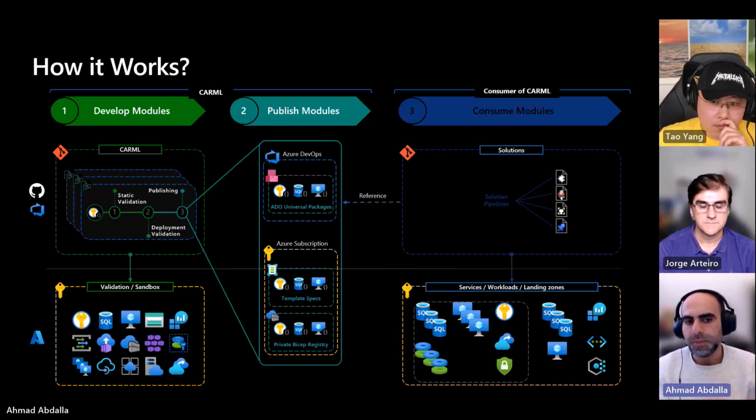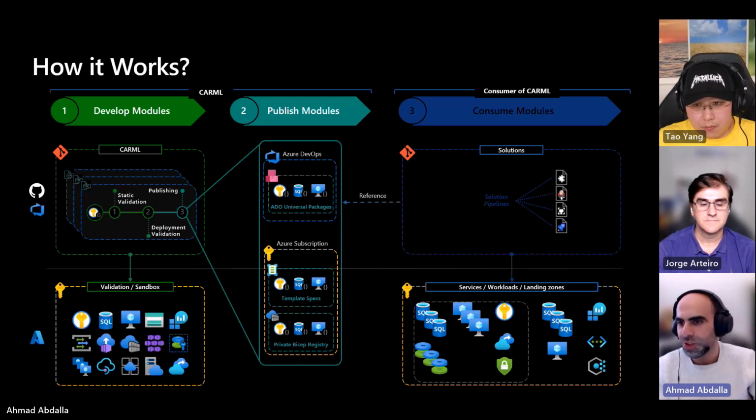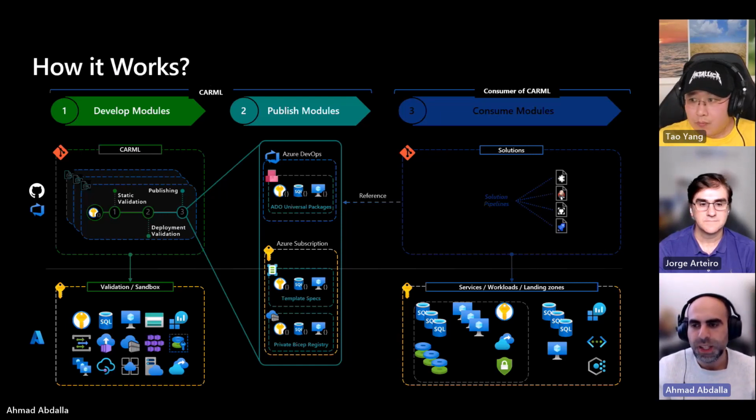So it should also encourage inner sourcing in a way where developers are able to contribute back to their inner source library and add more modules to that same repository as well. So how I see customers using this, for example, is you've got CARML on one side, which you don't touch, right?